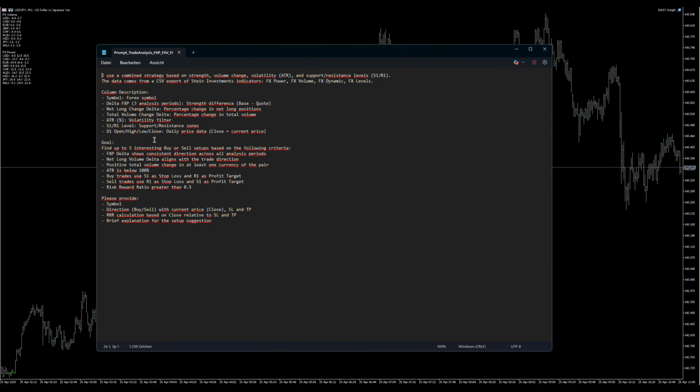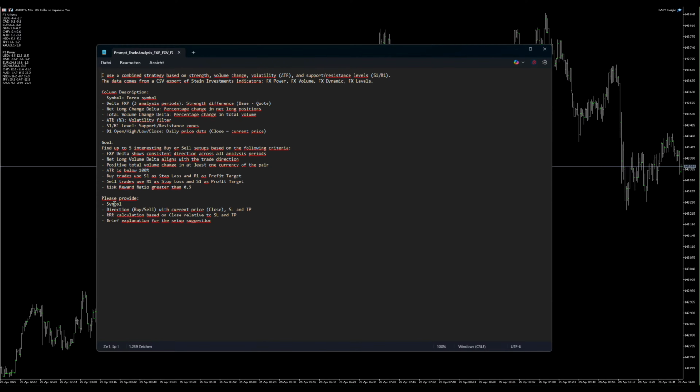And you are free to change the descriptions or the goal, which is here defined: find up to 5 interesting buy or sell setups based on the following criteria. And you are completely free to change this as you like, because we can't provide any guarantee for the outcome of the AI analysis, and you'll surely modify and improve that over time when working with your AI assistant.